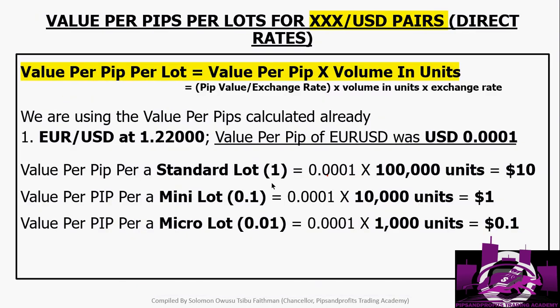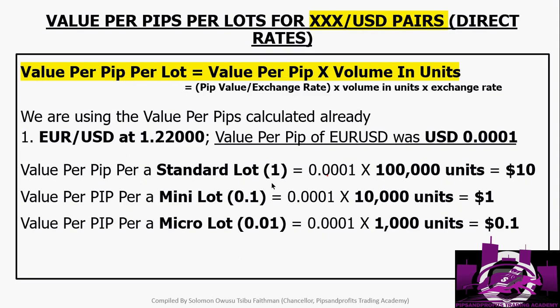So let's take examples. If we go back to the examples that we used when we were dealing with the value per pip, we are not going to do the calculations all over again. We are going to use the values that we had when we calculated the value per pip.